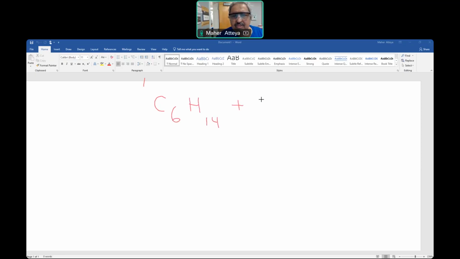C6H14 plus oxygen gives us CO2 plus H2O.